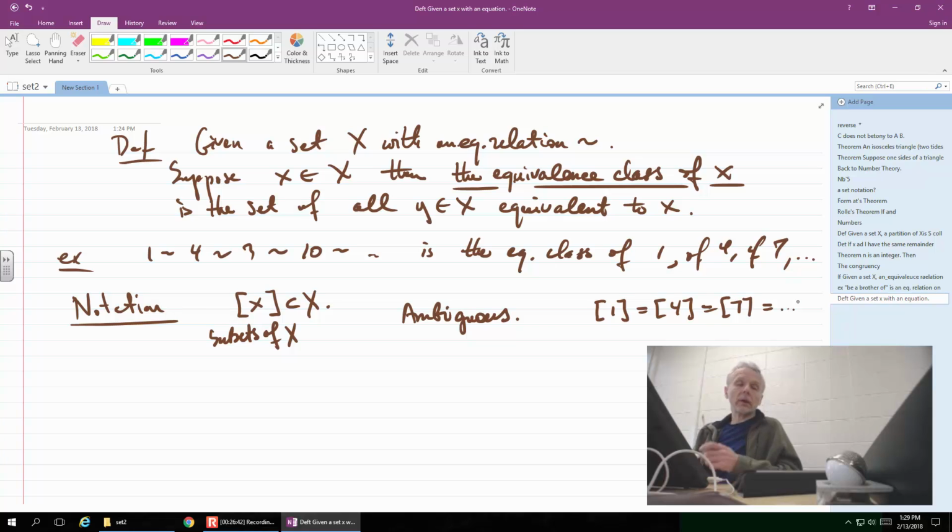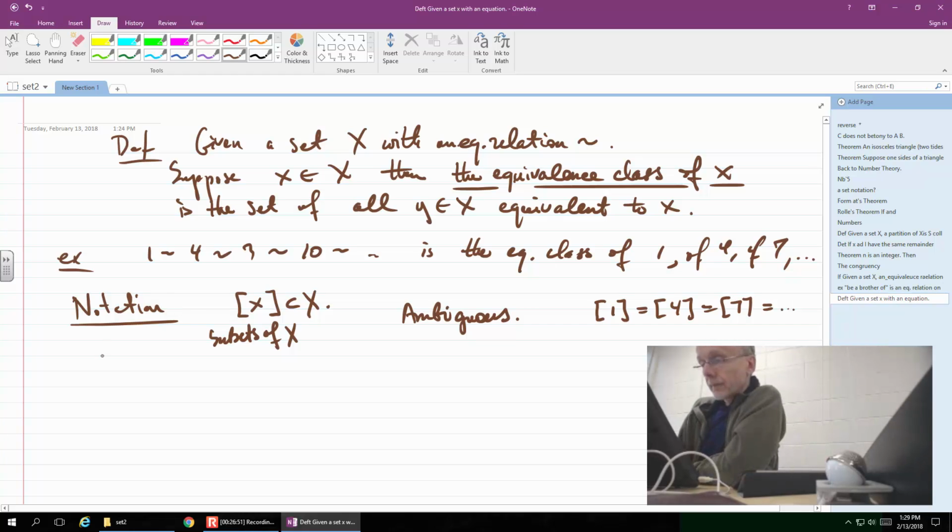Okay, so fortunately, there is this theorem which I've been mentioning, an abstract theorem based entirely on the axioms. So once again, x with an equivalence relation.